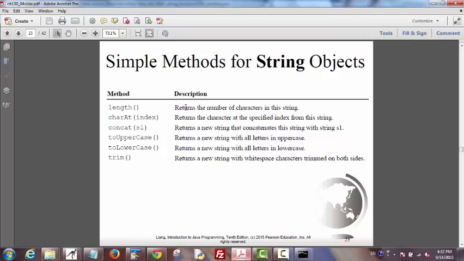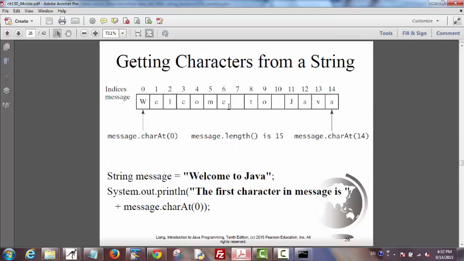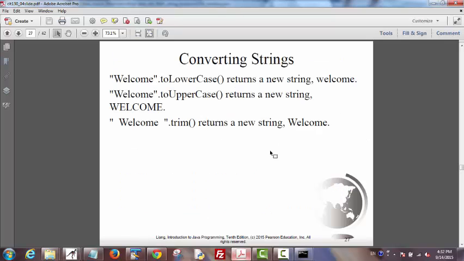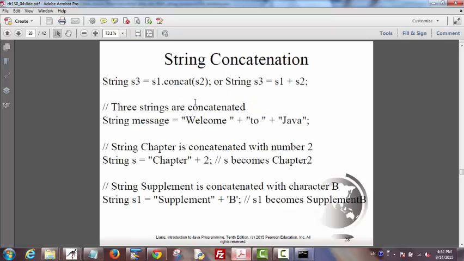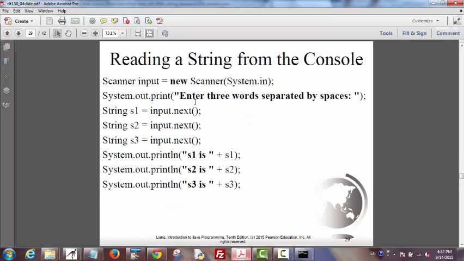So length returns the number of characters. Well, that's obvious. If I move over here to char at 0 is this. Length is 15, char at 14 is that. Trim, to lowercase, to uppercase, they're obvious. And I just want to bypass those.